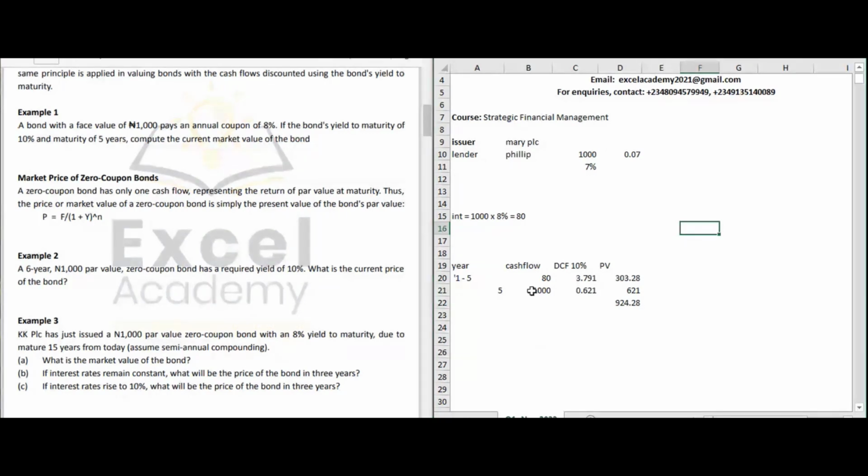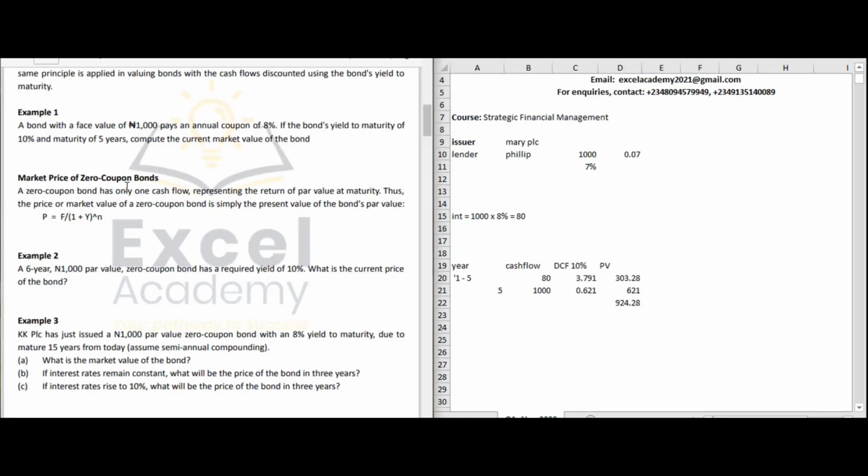But irredeemable, you do not know that it is 5 years, so you cannot use this year, because this one is limiting your discounting to 5 years. So you have to discount it into perpetuity. That's why we use the annuity perpetuity formula, which is A over R. So if it were irredeemable, it would just be 80 divided by 0.1. I hope you people get it now.